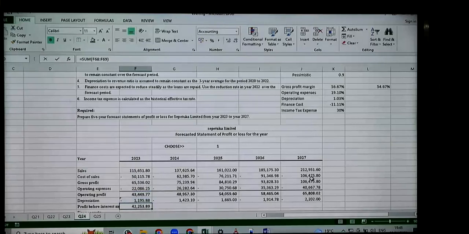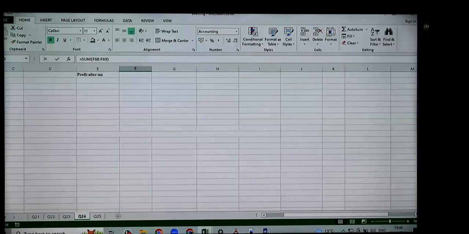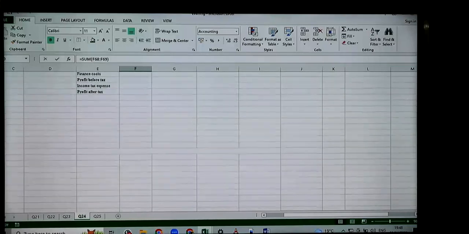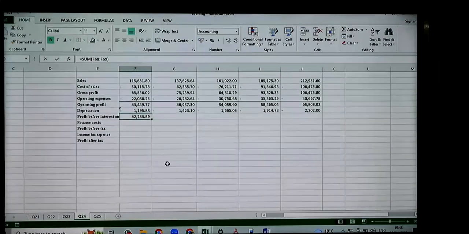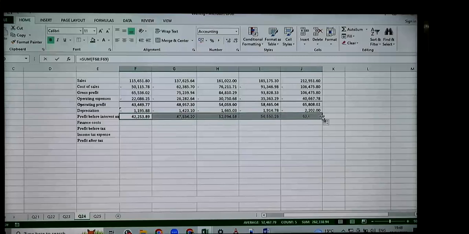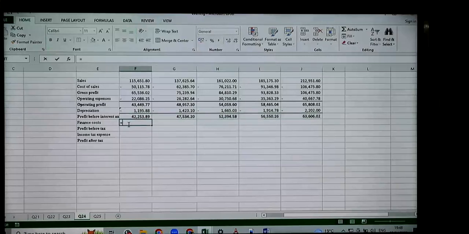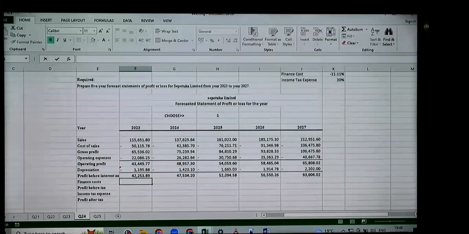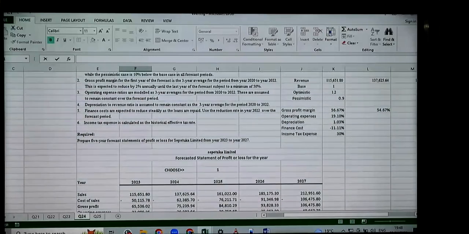Then I'll have to drag that way. Then we go to finance cost here. Someone told me to repeat on finance cost, so before I move on, let me repeat it.